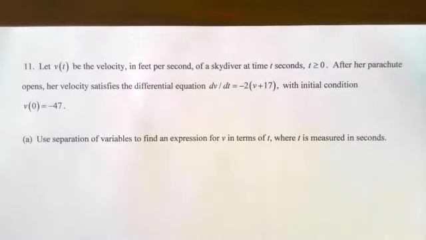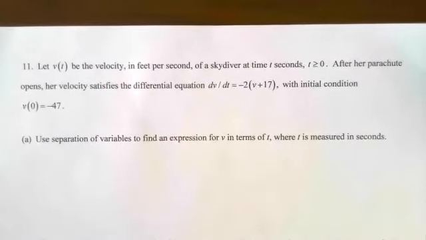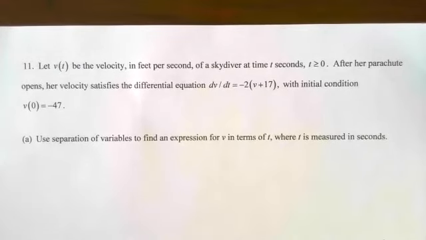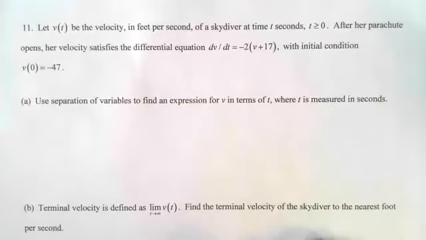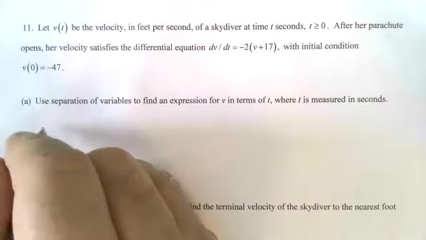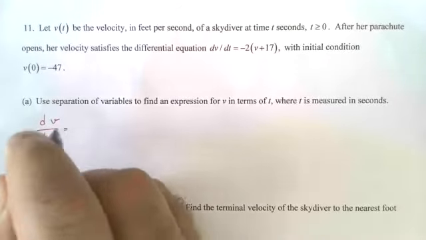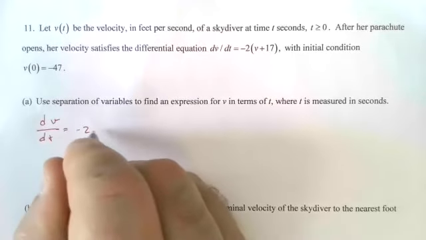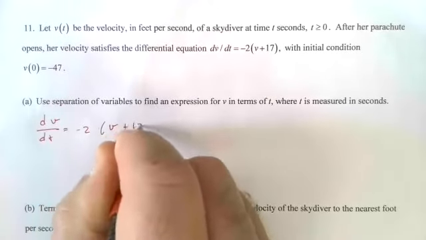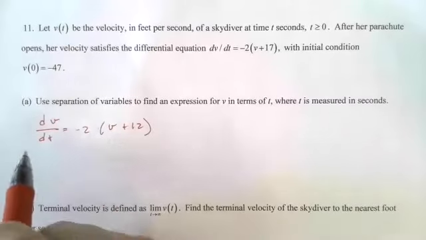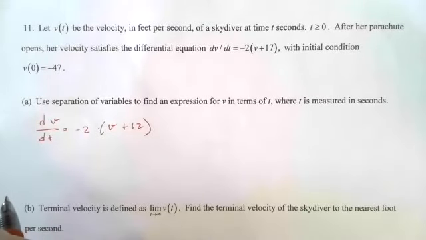Velocity, skydiver, parachute opens, velocity, yada, yada. Use separation of variables. Ooh, this is good practice because very few people remember how to do separation of variables. dv/dt equals negative 2 times v plus 17. Got to get the v's over here and the t's over there. How the heck should I do this?